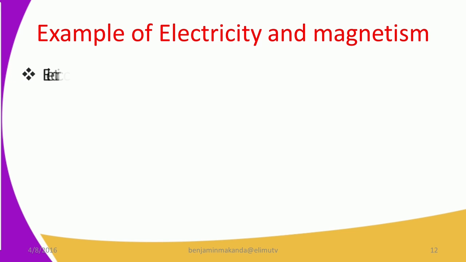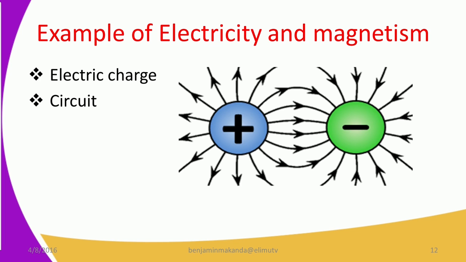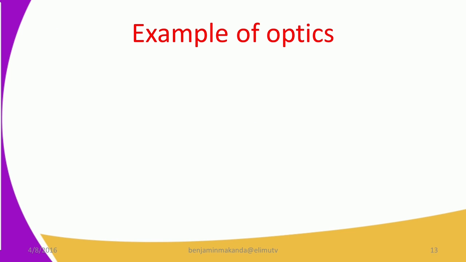Examples of electricity and magnetism. We have electric charge, circuit. And in this particular category, we have this example here where we have electric charge. This is an electric field that has both positive and negative, and the arrows are indicating the direction of force within the electric field. That is still electricity and magnetism.